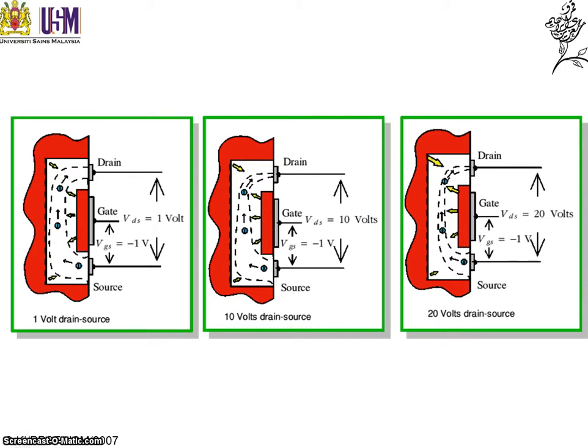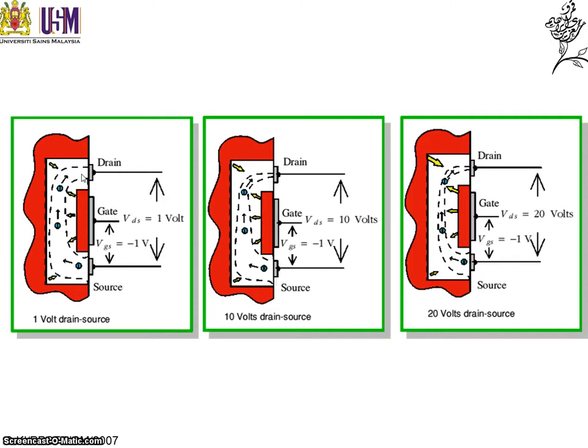Now what we have here is we are increasing the drain source voltage. Here is only 1 volt, here is already 10 volts, and here is 20 volts. As you can see, the channel near the drain gets smaller and smaller as you increase the drain voltage. Initially when you increase the drain voltage, there is a current flow and it goes linearly.